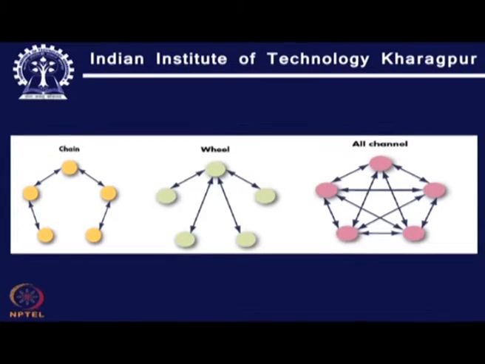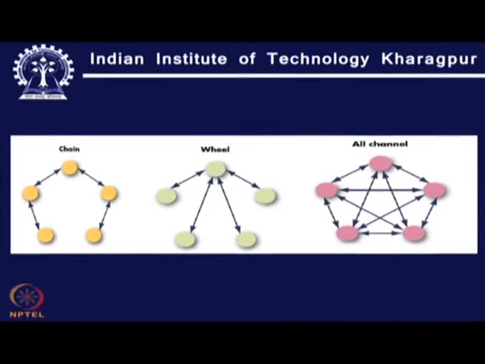We have already discussed, while talking of communicating in a group, that in formal channels of communication there are three ways of communicating. One is chain, one is wheel, and the other is the all channel process.